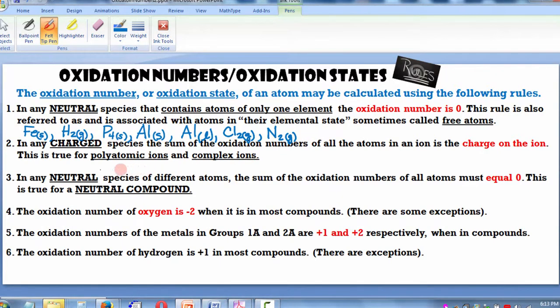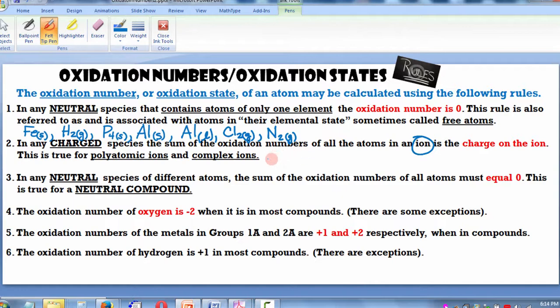So, let's look at rule number 2. For any charged species, the sum of the oxidation numbers of all the atoms in an ion is the charge of the ion. This is true for polyatomic ions and complex ions.